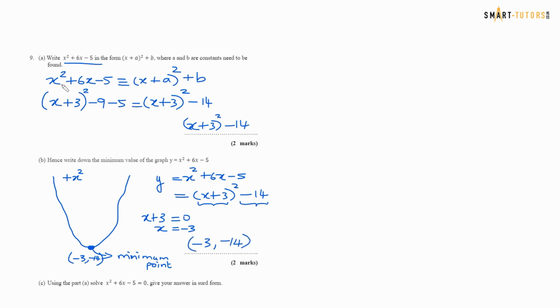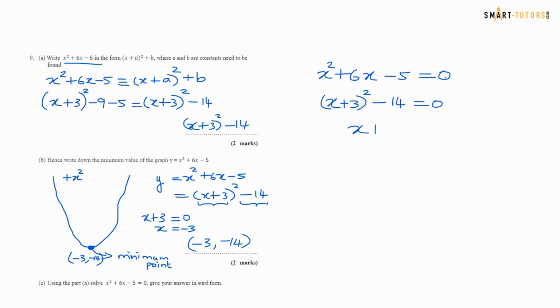Last part, using part A, solve the quadratic equation, answer in the surd form. So we already wrote x squared plus 6x minus 5. This is the quadratic equation we are going to solve. This can be written as (x plus 3)² minus 14 equals 0.